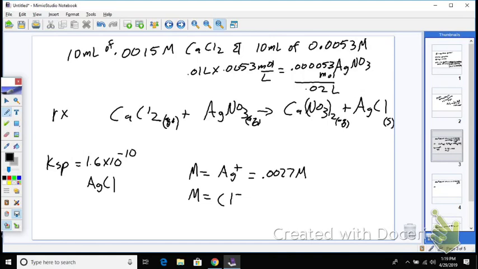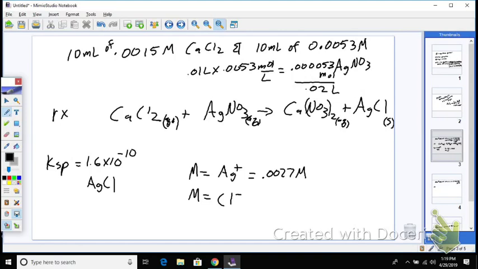So I got 5.3 times 10 to the -5 moles of silver ions in 20 milliliters, or 0.02 liters. Did I do the math correctly on that one? When you divide those out, will I get 0.0027?